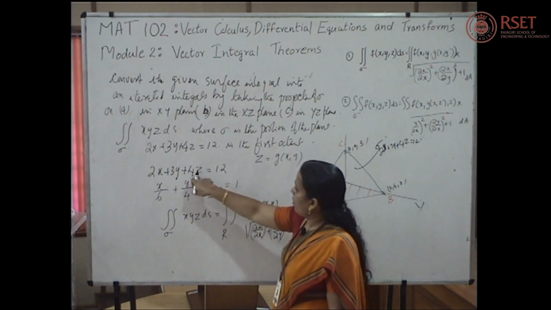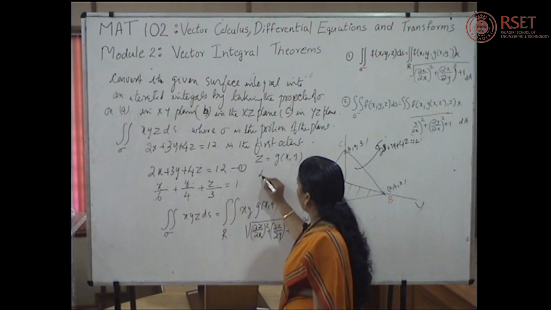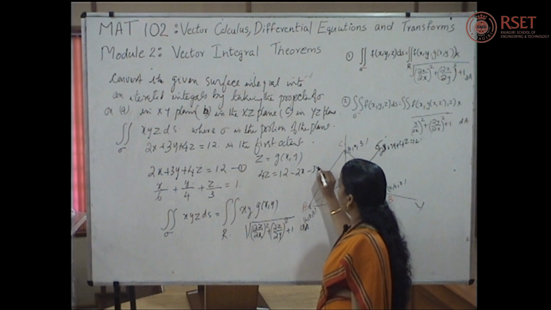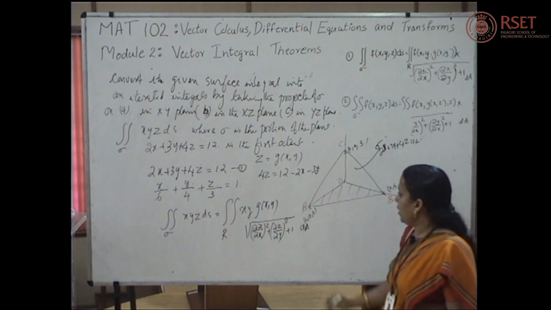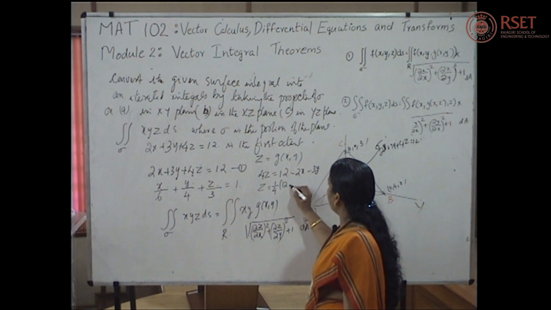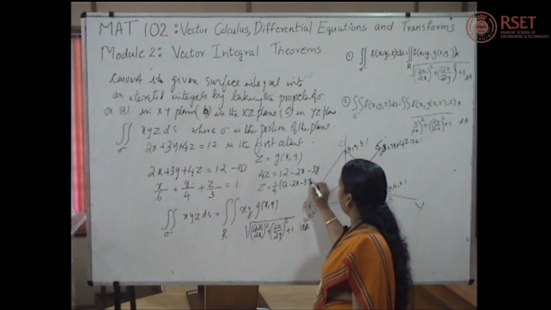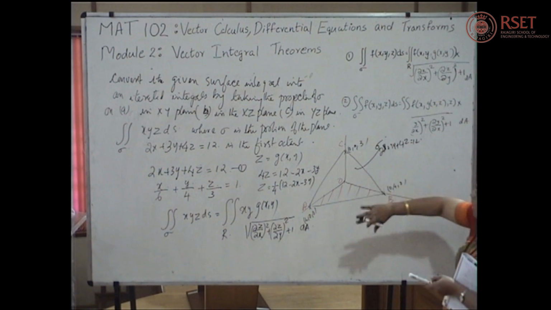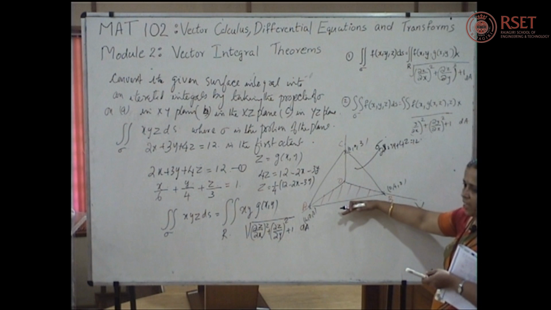We can express z as a function of x and y. First of all, from the given surface equation, 4z is equal to 12 minus 2x minus 3y. Then z is equal to 1 by 4 into 12 minus 2x minus 3y. And we are taking the projection of the surface onto the xy plane.